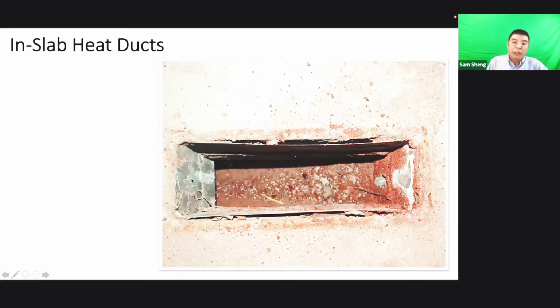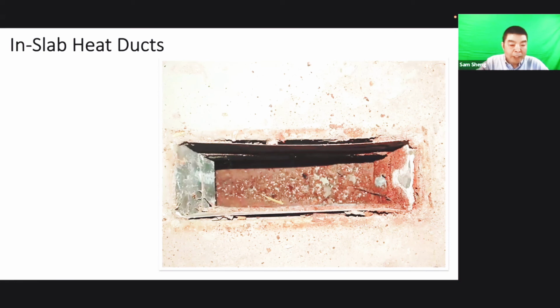When I stayed in BC, I saw a building like this one where all the duct is in the concrete, so we cannot even repair it. If the pipe inside is broken, the soil or some stuff will go inside the pipe, and it's harder to clean.